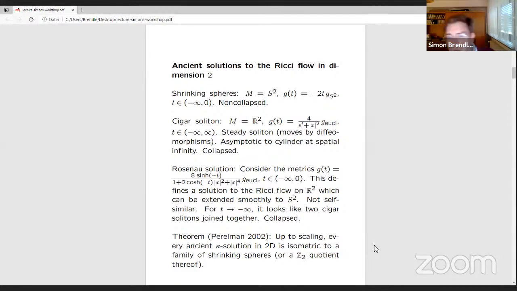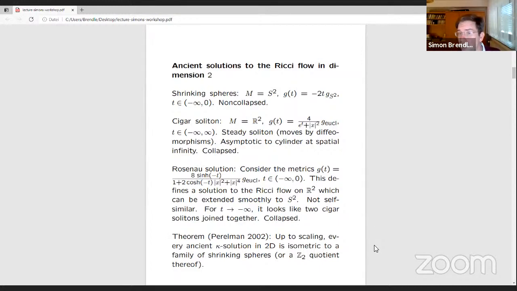Now, what Perelman proved is that up to scaling, the only ancient kappa solution in 2D is the family of shrinking spheres together with its C2 quotient on RP2. So you basically just get 2 examples, and modulo quotients, you only get 1. Now here, remember that we're looking at ancient solutions that are non-collapsed.